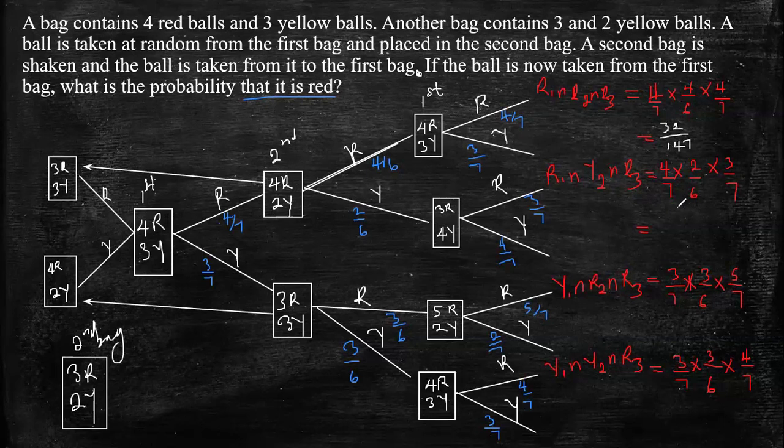Okay. The second one? 4 times 2 is 8 times 3 is 24. Teacher, 4 out of 49. Just 4 out of 49. Yes, teacher.